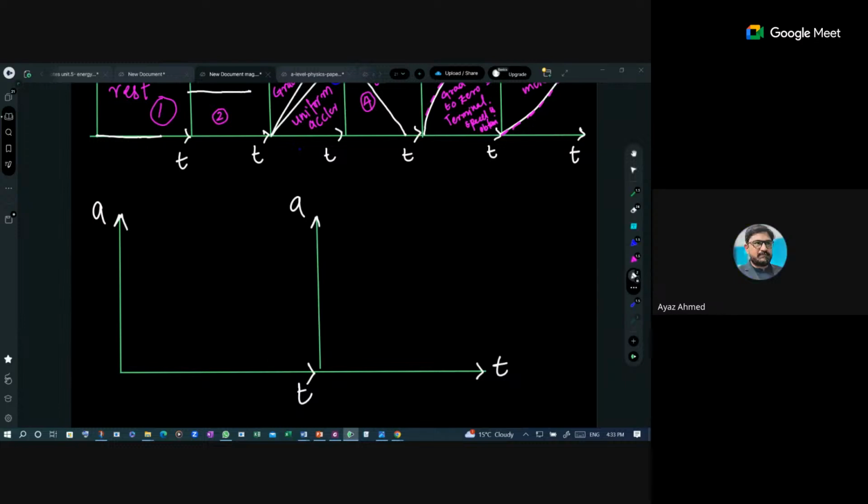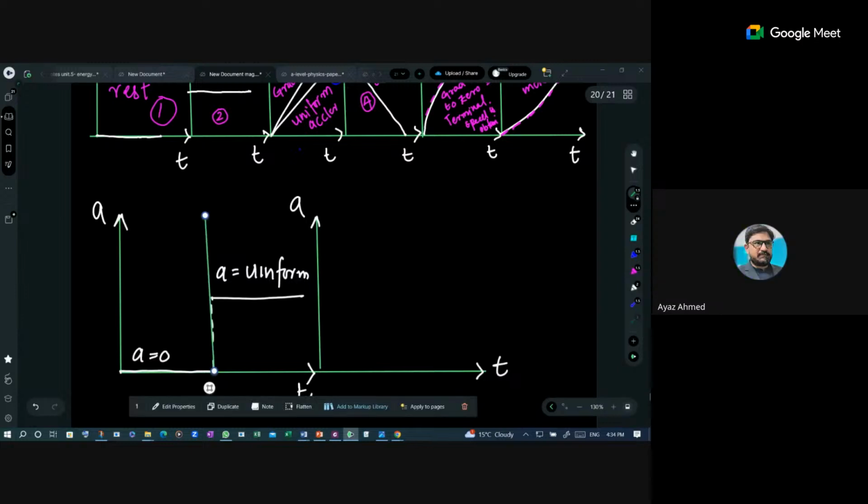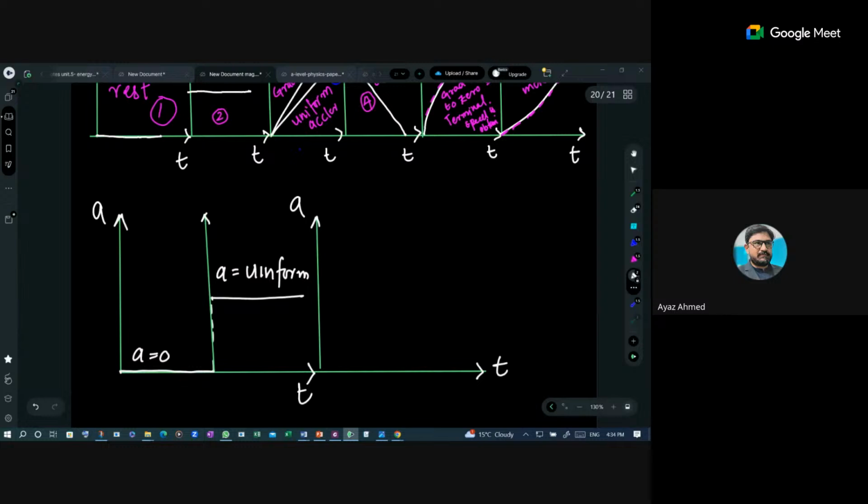If I say this part, this is zero acceleration, and over here acceleration is uniform. This part shows uniform acceleration. Let me draw it in two segments. Again, this is acceleration and time.